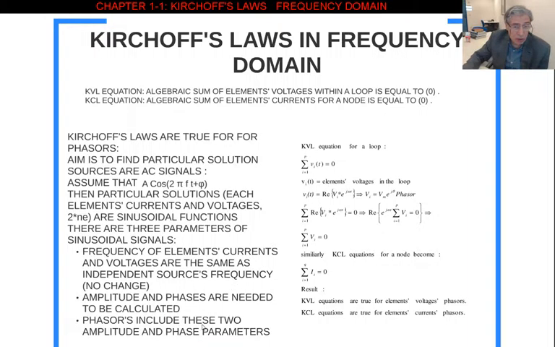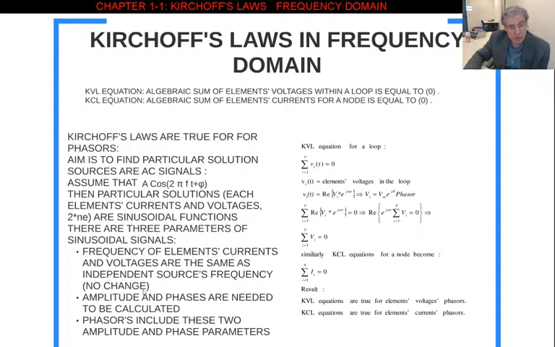Phasors include these 2 parameters, amplitude and phase. So we are going to calculate 2 parameters. These parameters are the ones that we have in our phasors. That means if you find the phasors, we can solve it.